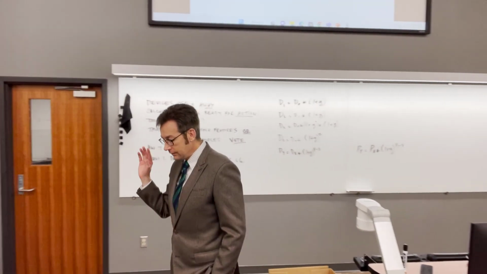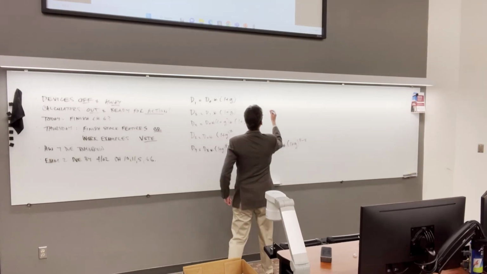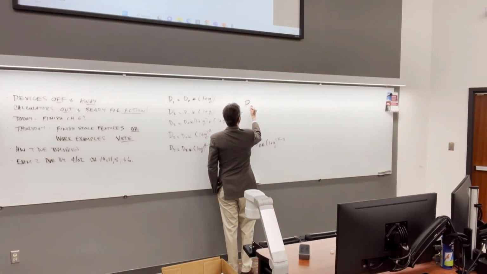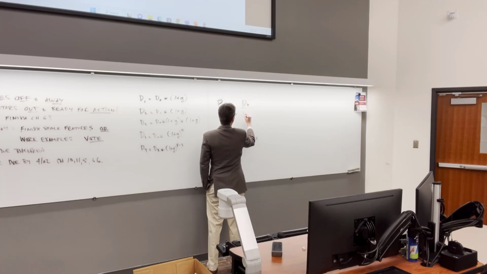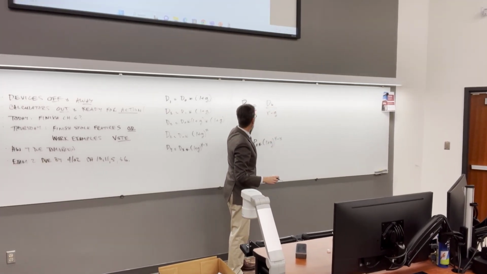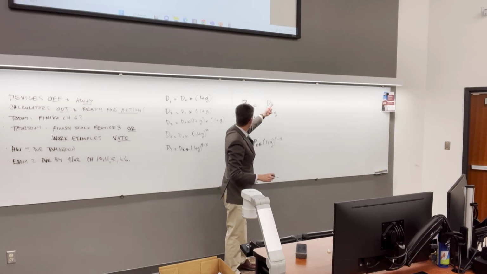Okay, so now we have D1 through D5. And now we need to find the price at time 5. Typically, we would say D6 over R minus G, because just like P0 is equal to D1 over R minus G, it's just one less.